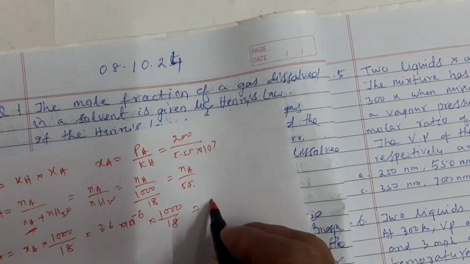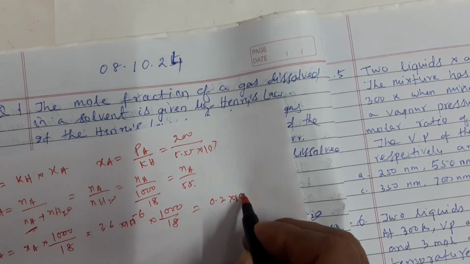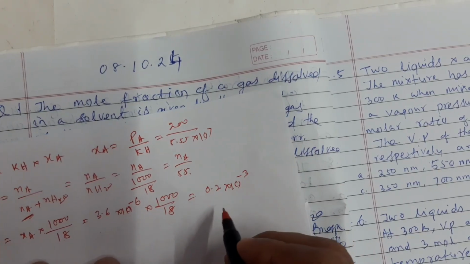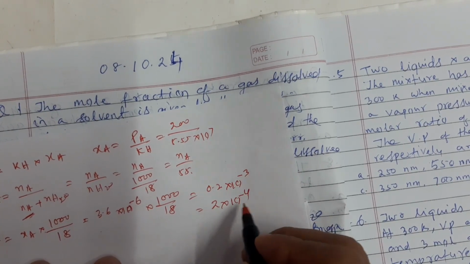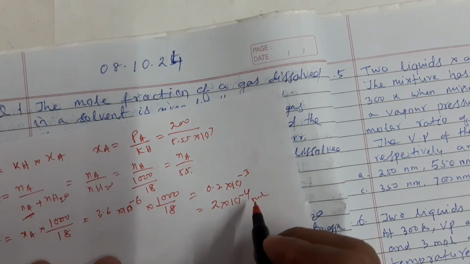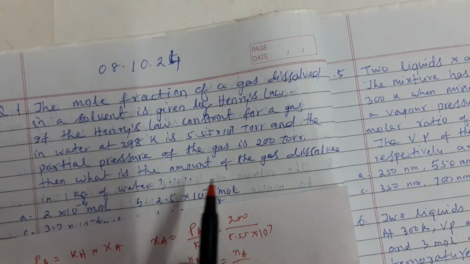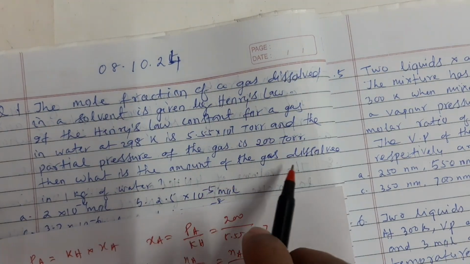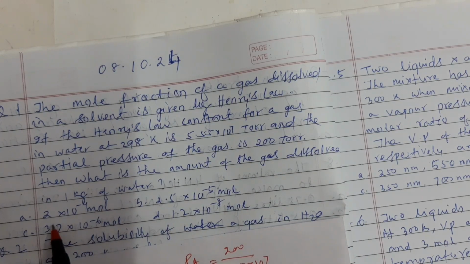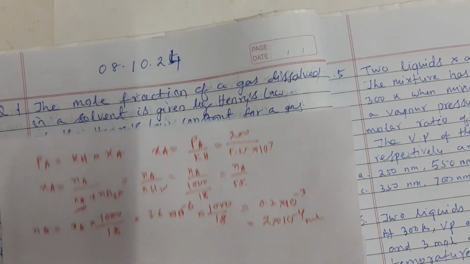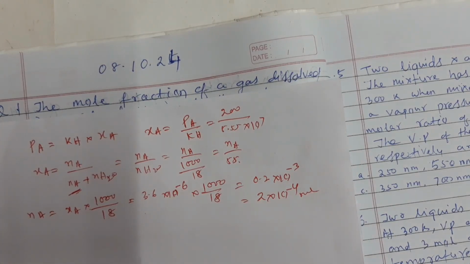So you will get 0.2 multiplied by 10 to the power minus 3, which is equal to 2 multiplied by 10 to the power minus 4 mole. What is the question? What is the amount of the gas dissolved in 1 kg? So your answer is A, 2 multiplied by 10 to the minus 4 mole. Okay, you understand?